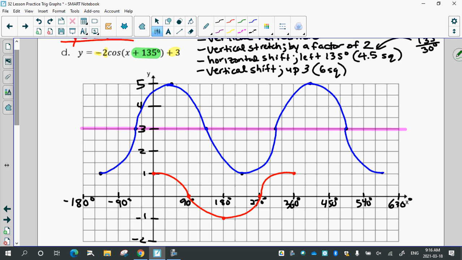So the amplitude, remember, it's not the number of squares, it's the distance from the central axis to the maximum.